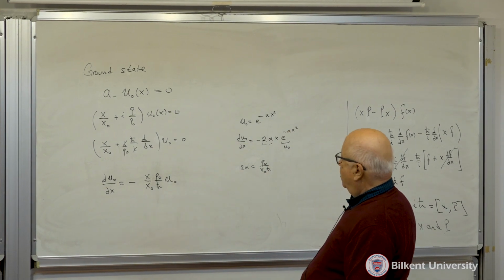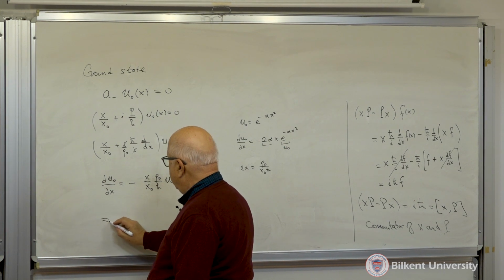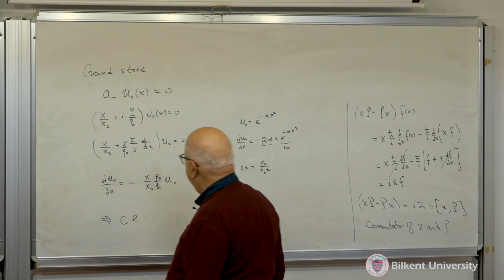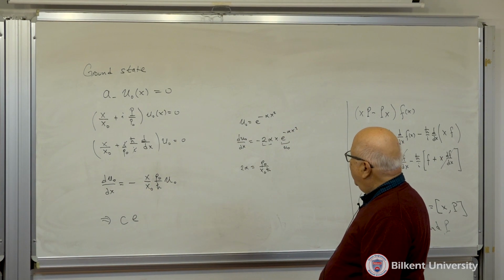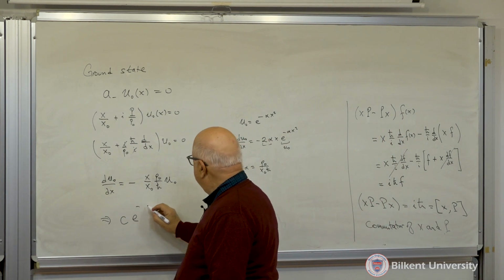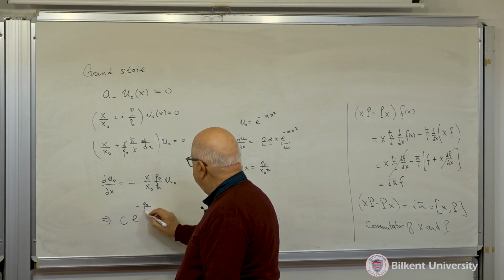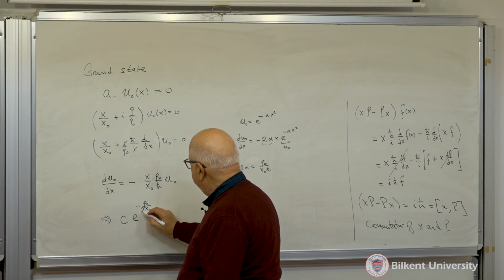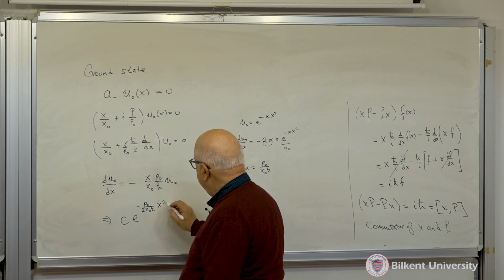So this gives you a solution of the form some constant, which we have to determine by normalization, times e to the minus p0 over 2 x0 h bar x squared.